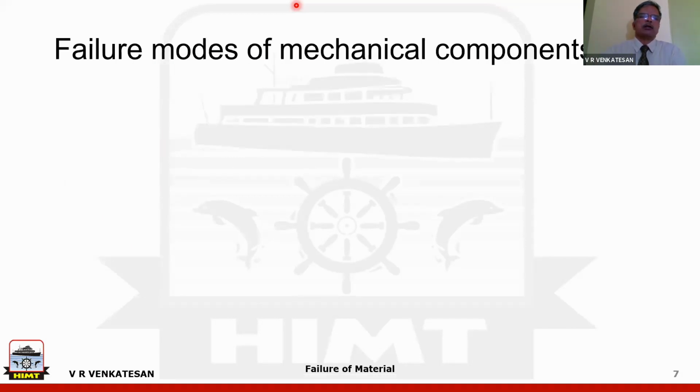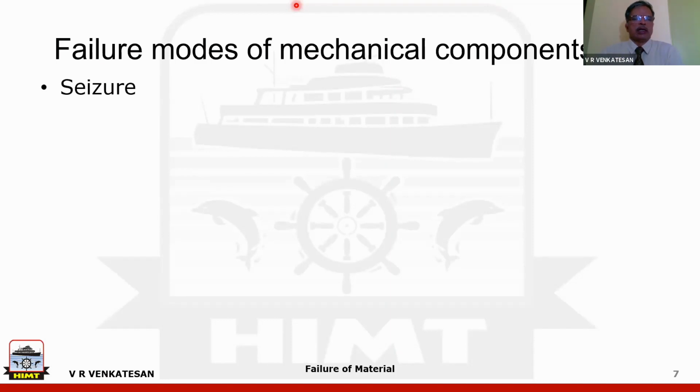So we'll be looking at these kinds of modes. How do they fail? If you say something which is required to move, a shaft which needs to rotate, or a piston which needs to reciprocate inside a liner, and these parts do not move, then that is one type of failure called a seizure.